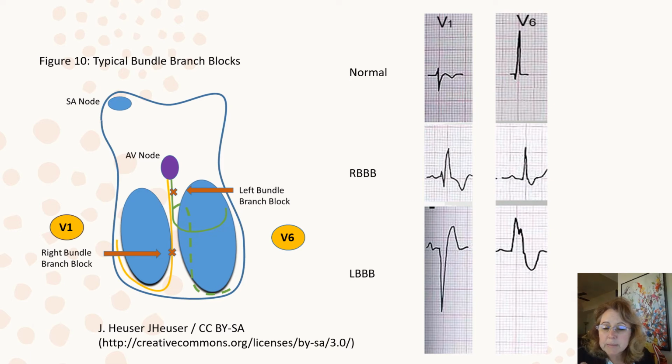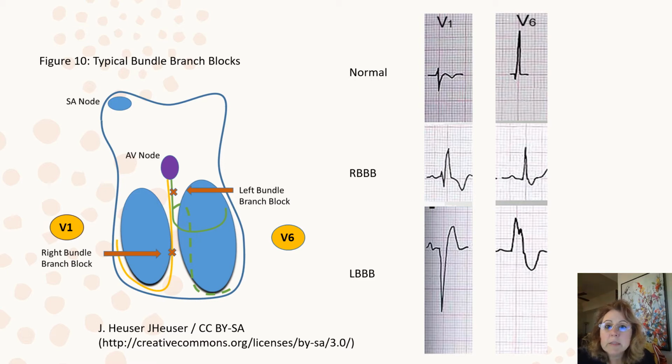In lead V1 it's negative, in V2 it may be negative but starting to get a little positive. By lead V3 or V4, that QRS should be standing upright, completely positive. It's the same with V5 and V6.